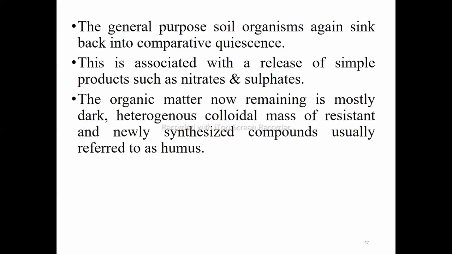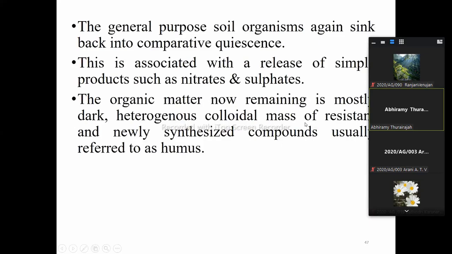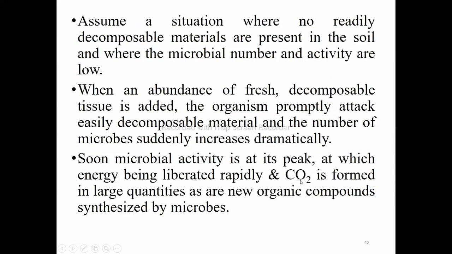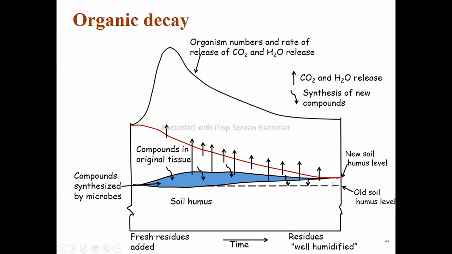This is associated with the release of simple products such as nitrates and sulfates, right? And the organic matter now remaining is mostly heterogeneous. Here you can see that. This is the humus. So what are the characteristics of humus? It cannot be degraded further.